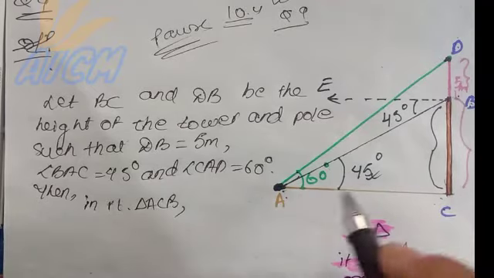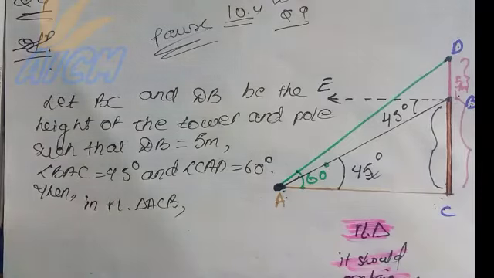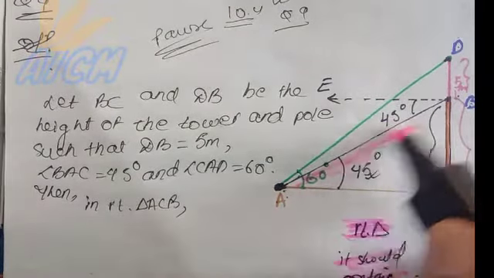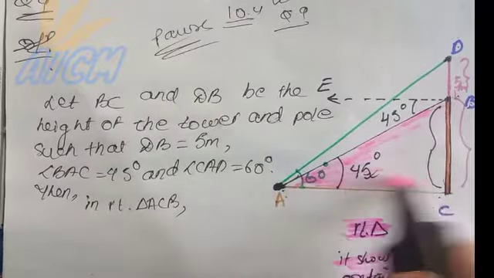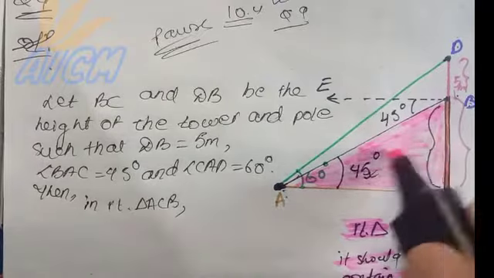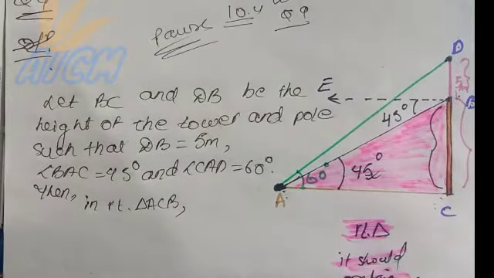Now when we look at this triangle ACB, let me color this whole ACB in one color, the one which I colored in pink. Keeping this triangle in consideration, we are going to see how much angle is here.